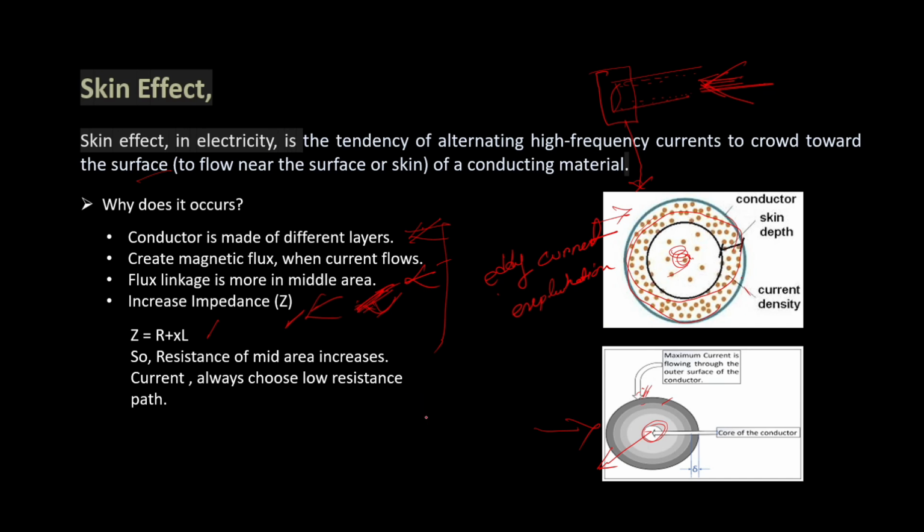So we'll just talk a little bit about that one. We'll make one cross section of one conductor. Suppose current is flowing through this area. This is the conductor.